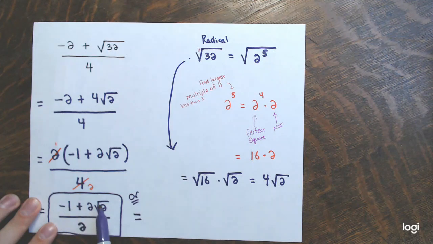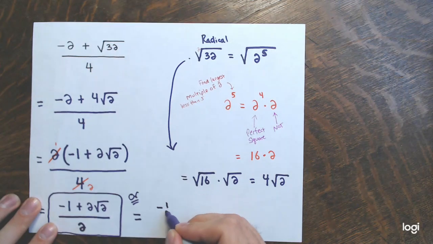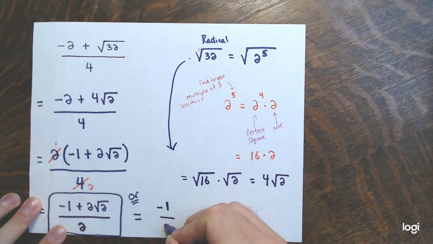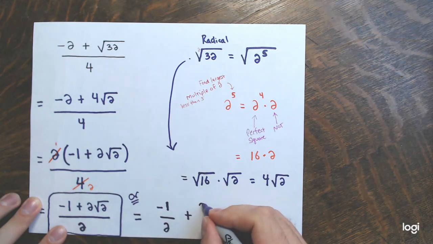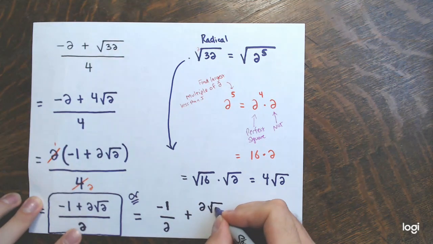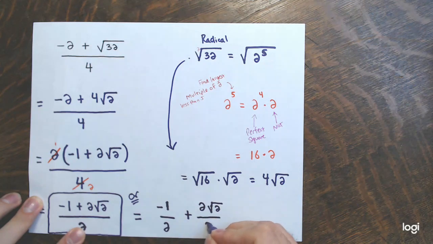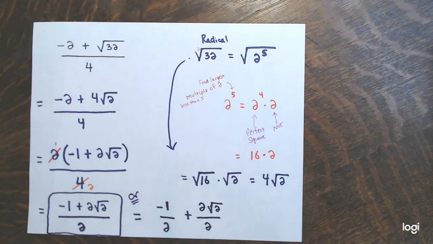This negative 1 plus 2 root 2 all over 2 is the same as negative 1 over 2, the first fraction, plus, and then that other term in the numerator, 2 times the square root of 2 divided by 2. Remember, this is just adding fractions but reversing it. Because if I were to add these two, remember you keep the common denominator and then just put the numerators together, you get this thing in the box over here.